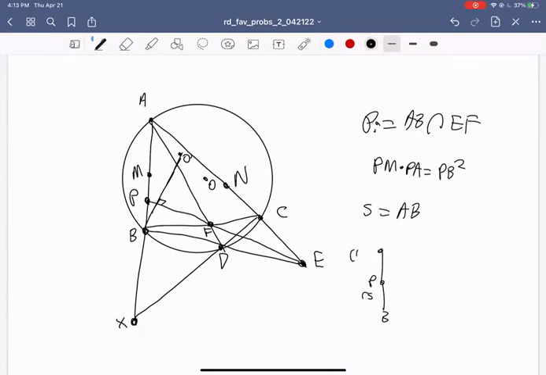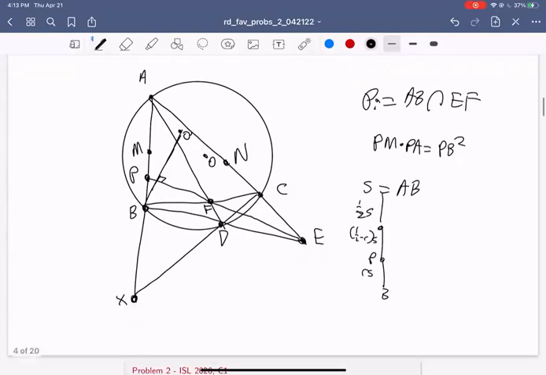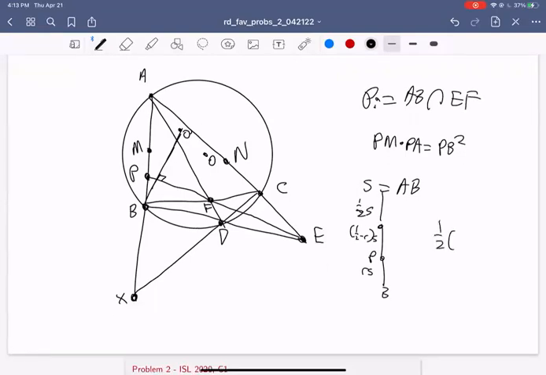Then this is 1/2 minus R S, and then half S. So we have half times half minus R equals R squared. 1/4 minus half R equals R squared. 4R squared plus 2R minus 1 equals 0.